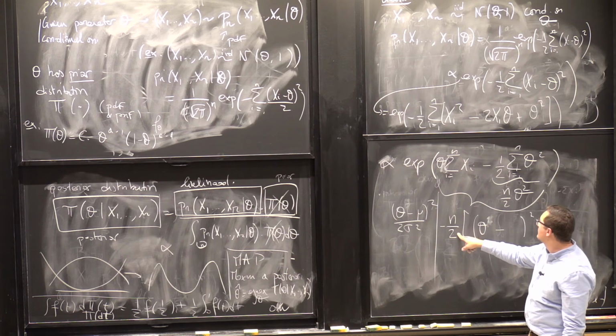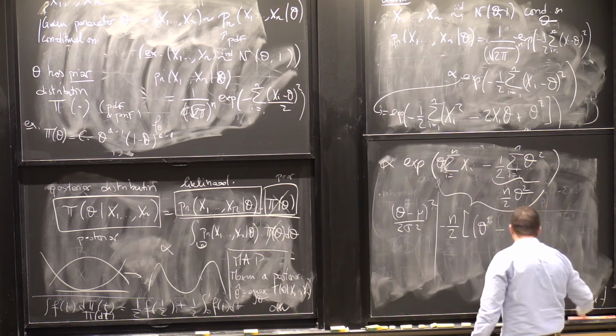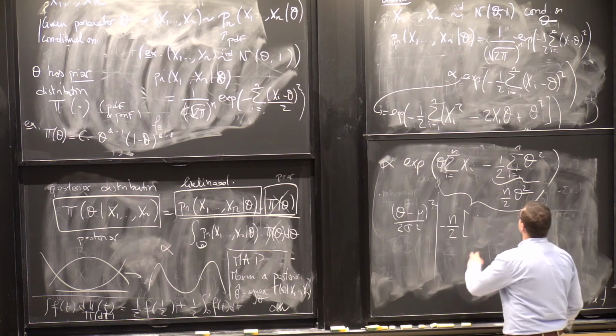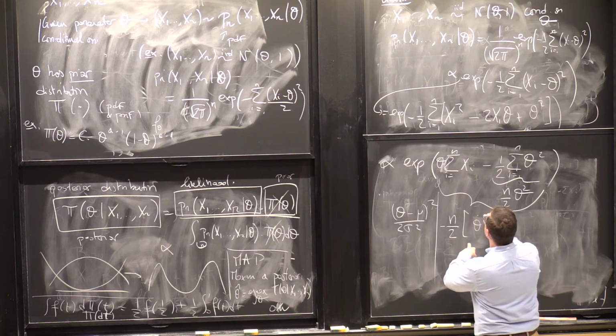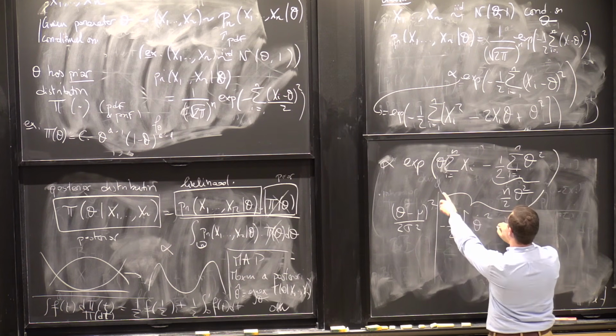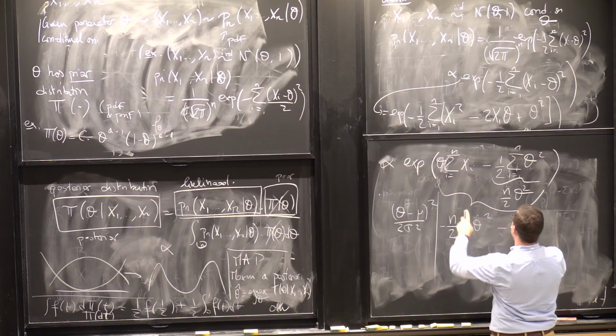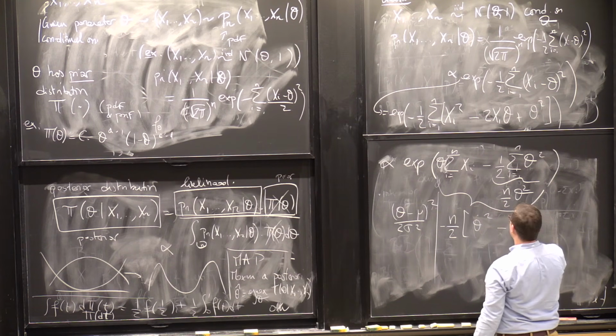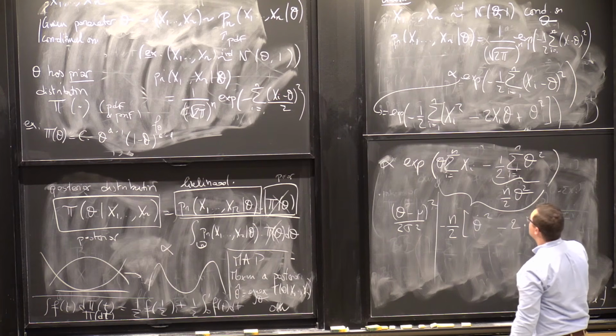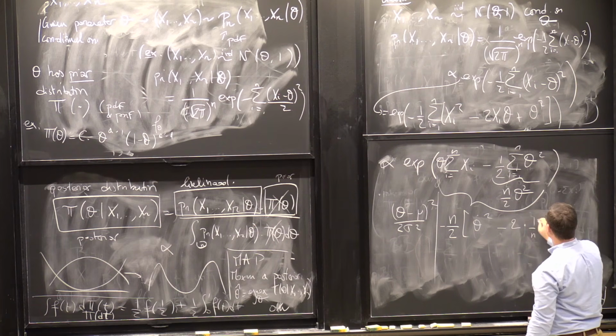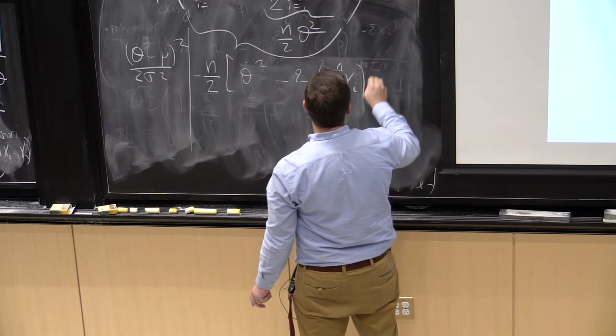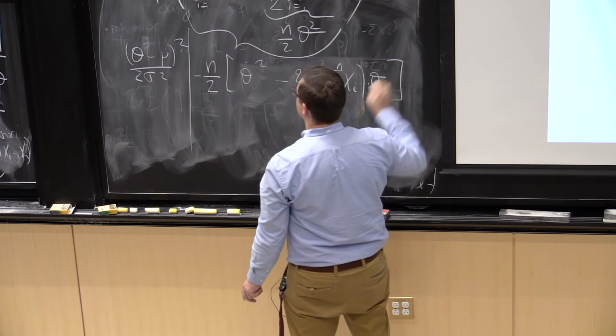Well, I need to actually pull this thing out. So OK, let me write it like that first. So that's theta squared, and then I'm going to write it as minus 2 times 1 over n sum from i equal 1 to n of xi's times theta, right?